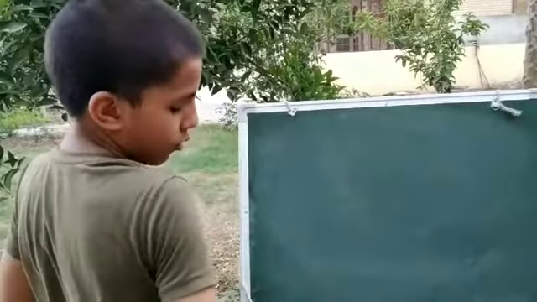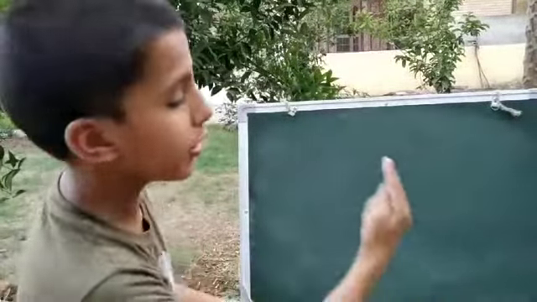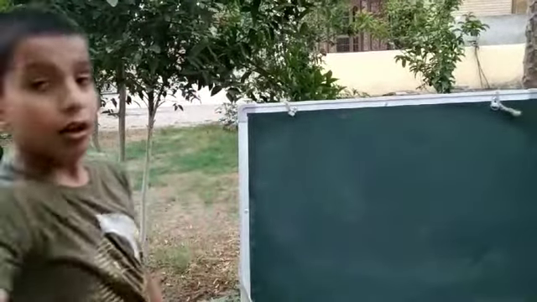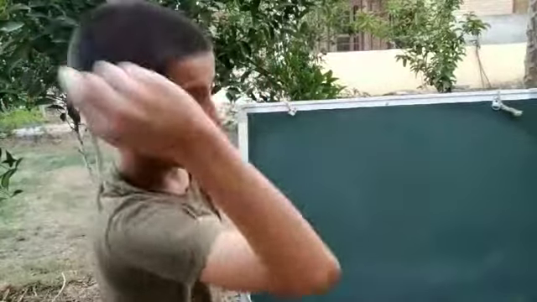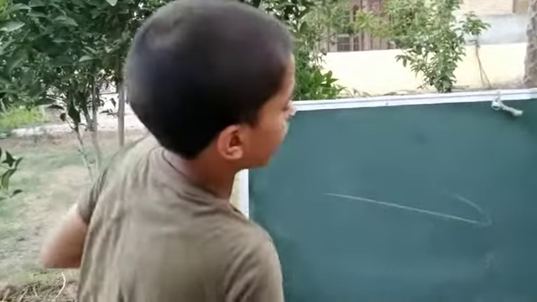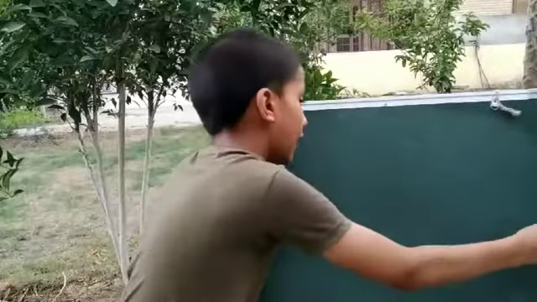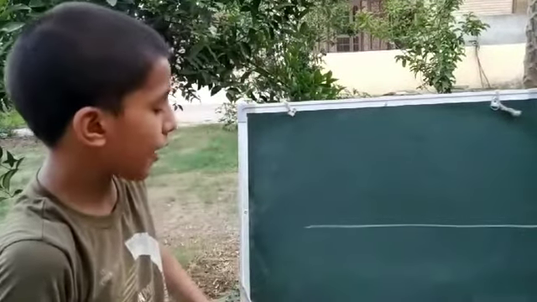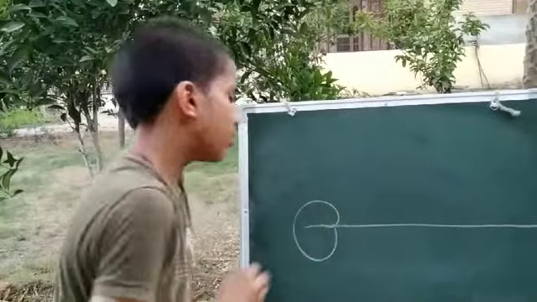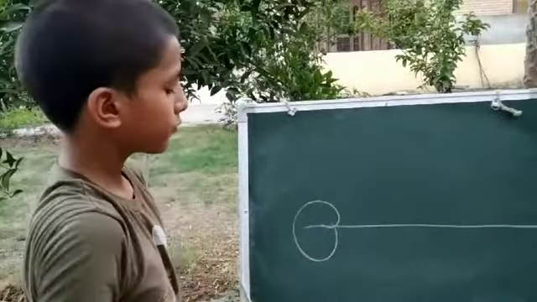So when Earth moves, it starts from this point and goes here, and then comes back to that point. So when a straight line is like this, there is an angle known as the complete angle. It is 360 degree.